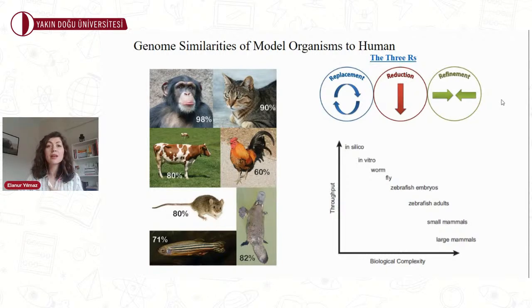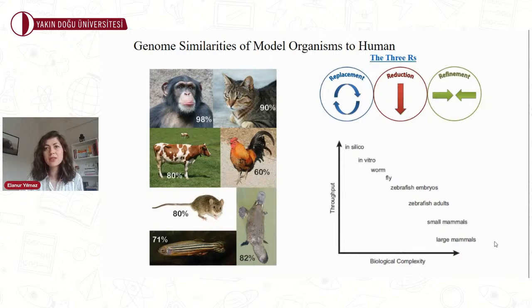In light of these 3 R's, to create a model in science is about producing a simpler version of something more complex. You can see here biological complexity. So it offers us the chance to use a less biologically complex model system to understand a more complex organism.